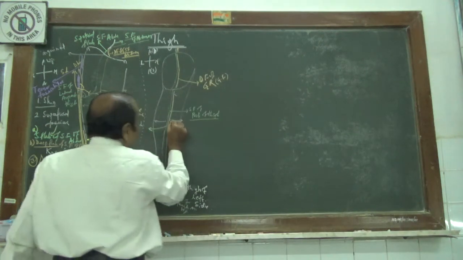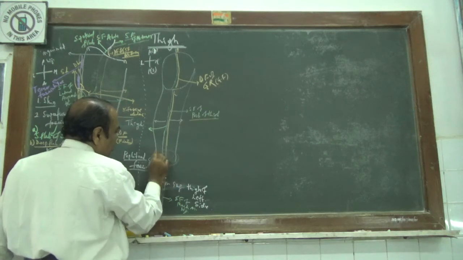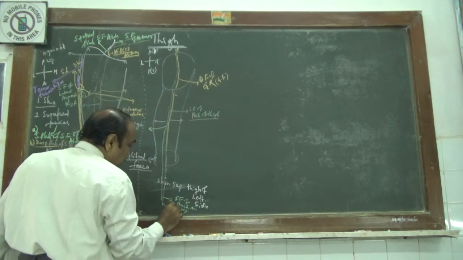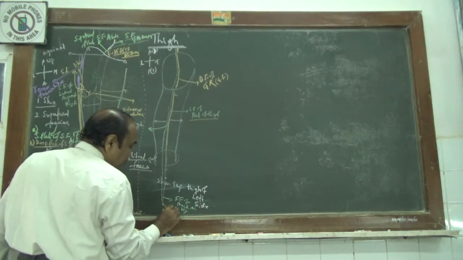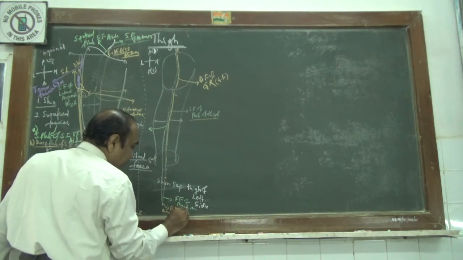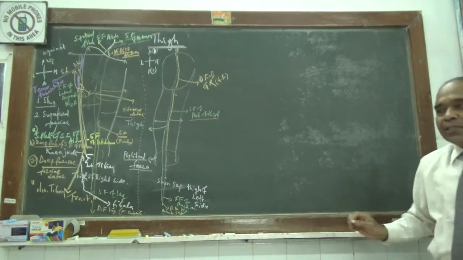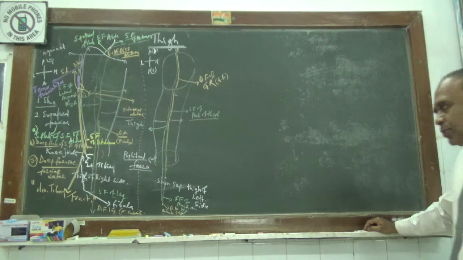The deep fascia of the back of the thigh, as it descends further down, after crossing the popliteal region, forms the popliteal fascia. Further it continues as the deep fascia of the back of the leg, called the fascia cruris, the posterior portion of the fascia cruris.